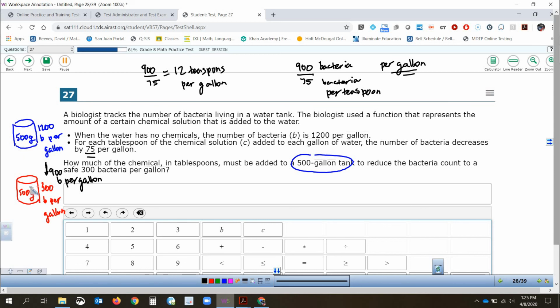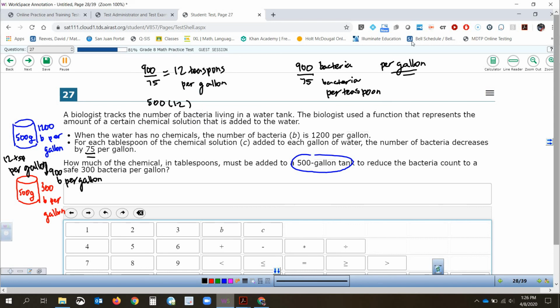My tank is what? 500 gallons. So if we want to go down 900 bacteria per gallon, we need 12 teaspoons per gallon. But how many gallons do we have? We have 500. So I need to do 500 gallons times 12 teaspoons per gallon.